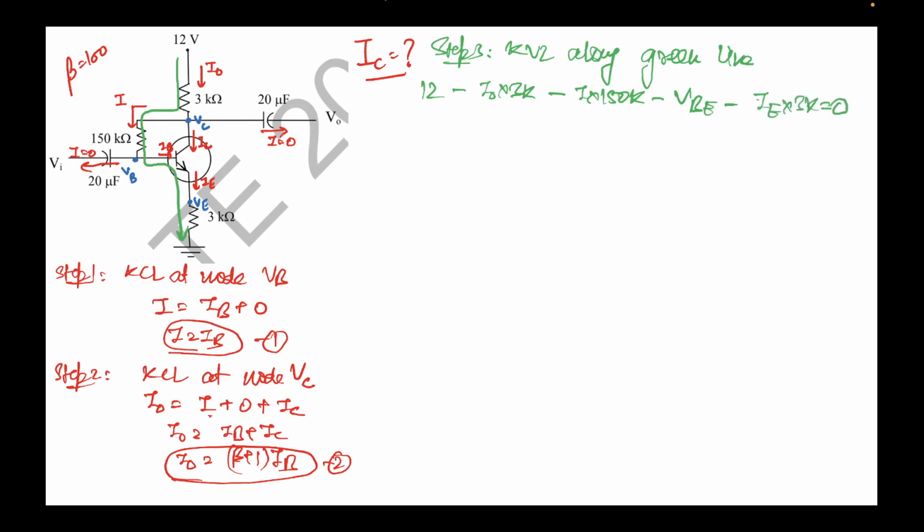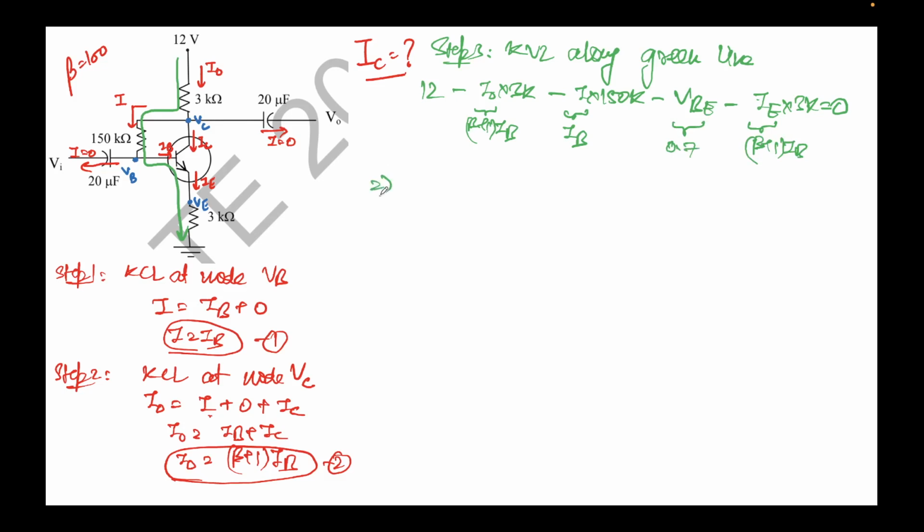So 12 minus I naught times 3k is this term, minus I times 150k is the drop here, minus VBE is the drop here, and finally IE times 3k is the drop here. Now we know from expression 2 that I naught is (beta plus 1) IB, I is IB from expression 1, and IE is (beta plus 1) times IB, and since we have assumed forward active mode, VBE will be 0.7.